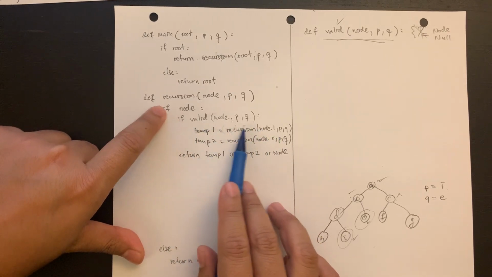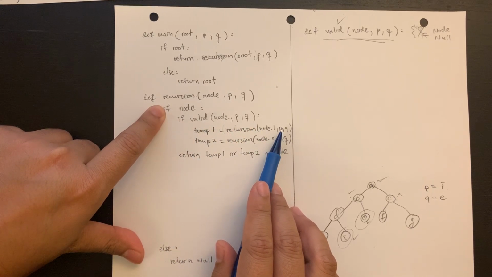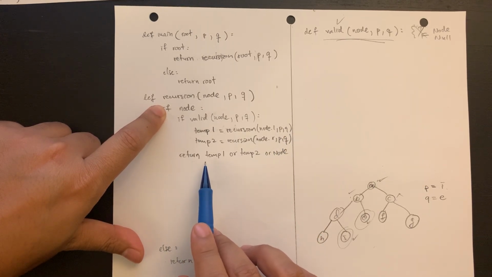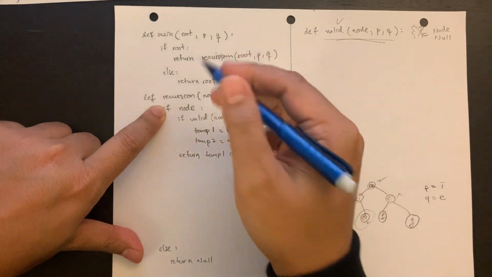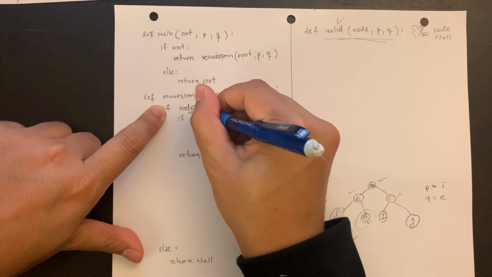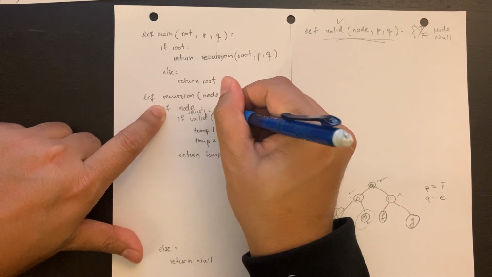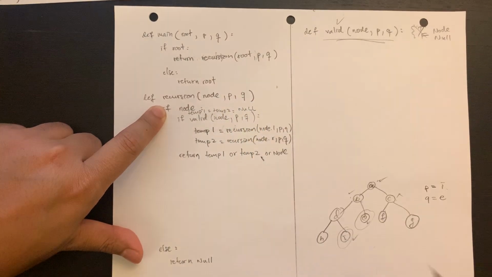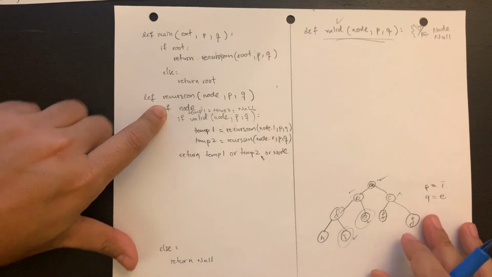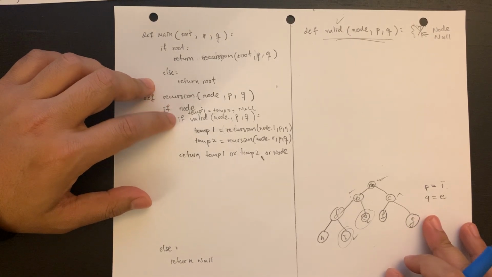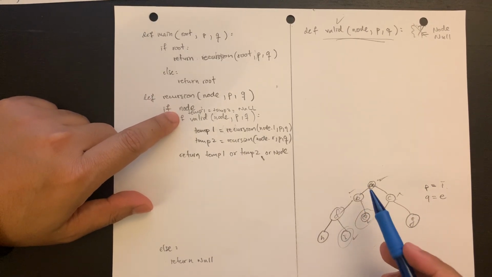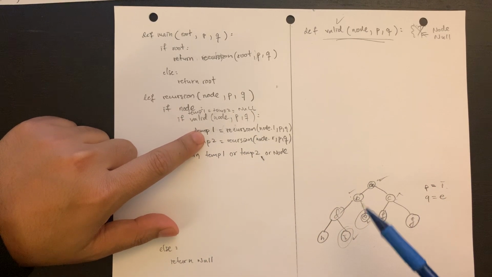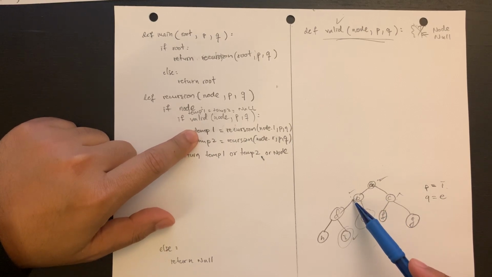So we can initialize temp1 and temp2 up here equal to null. Then temp1 calls recursion, which is this one.